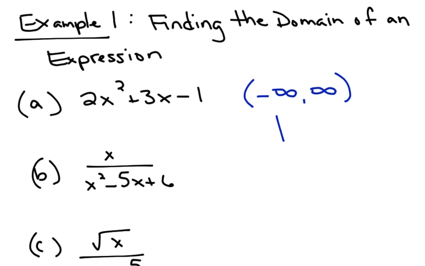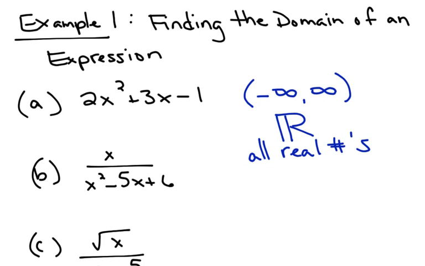Another way of writing all real numbers, which you may or may not have run into depending on what teacher you had, is this weird looking R symbol. It's like an R with an extra leg, and it means all real numbers. Or sometimes you can just write all real numbers, because there's no number in the world that, if you plug it into that expression, will give you an error message when it comes out.